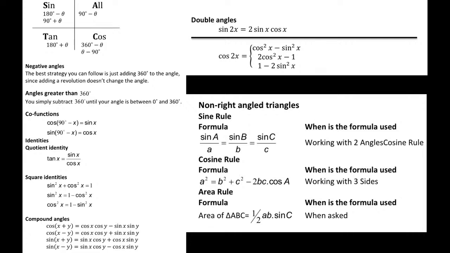The reason I do this, and you don't actually have to, is that I want to know whether it is positive or negative, because that is going to give me the quadrants. Ladies and gents, whatever method your teacher uses for you to solve trig equations, I encourage you to follow that.